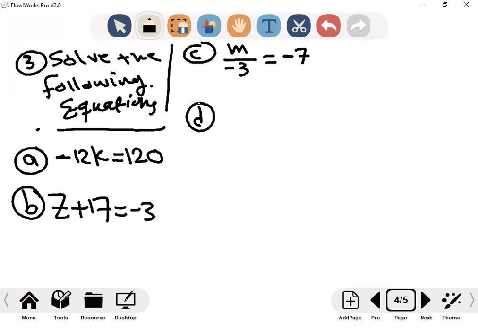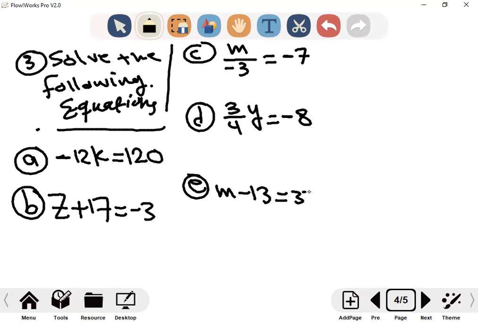D, 3 over 4 y equals negative 8. E, m minus 13 equals 37.